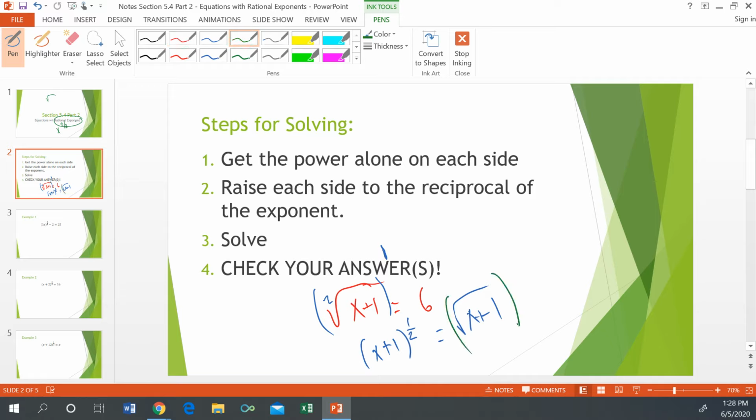Now 3 to the 4th power gives me 81. 3 cubed is 27, times 3 gives me 81. Divide both sides by 3. X is 27.